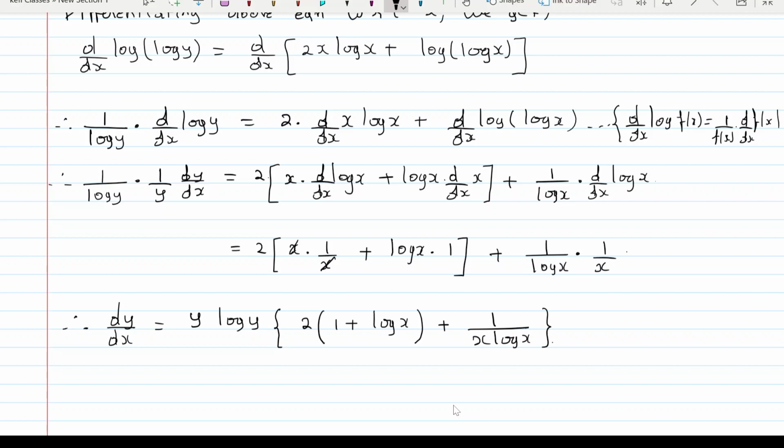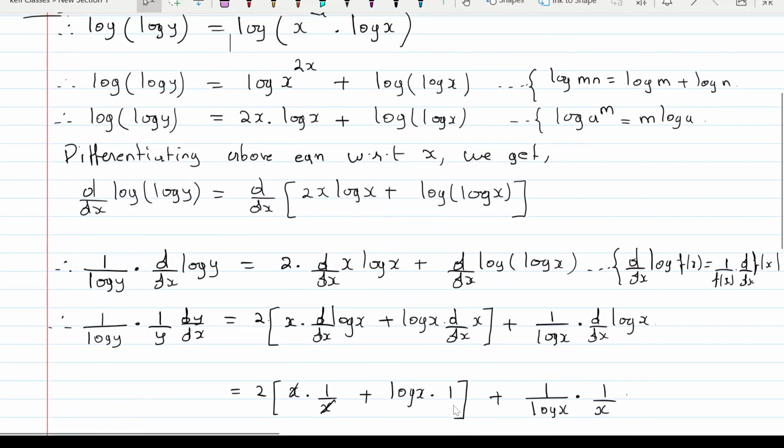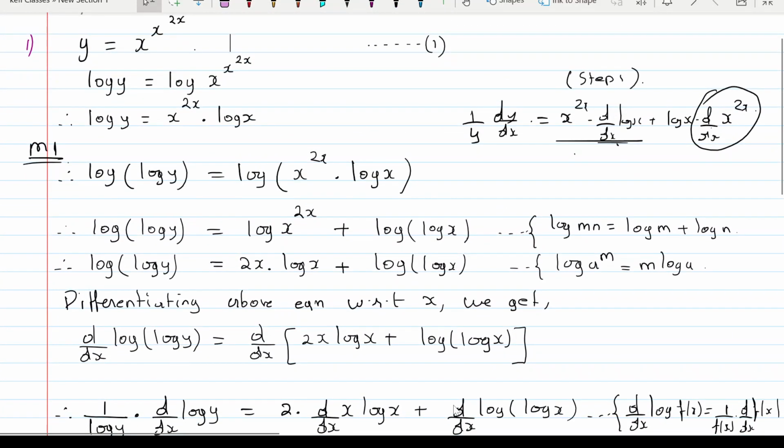ठीक है? Now we have to replace y with whatever the values of y was. Y was x raised to 2x. Now see the term log y. If you go above, अगर तुम स्टार्टिंग में जाओगे प्रॉब्लम के, तो you will see over here this part.